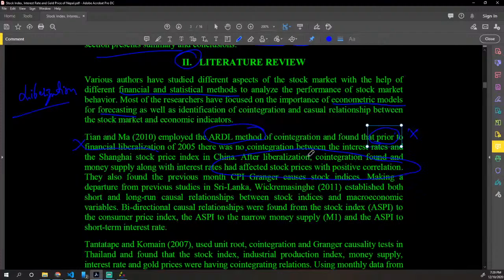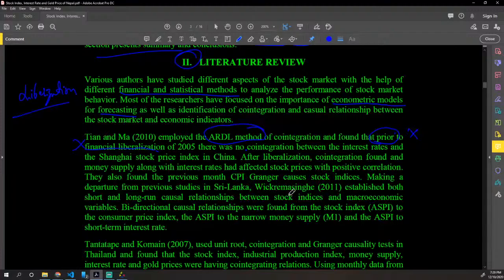Positive correlation. Okay, they found that the previous month CPI Granger causes stock indices, making a departure from a previous study in Sri Lanka. They found that the previous month CPI Granger causes stock indices.